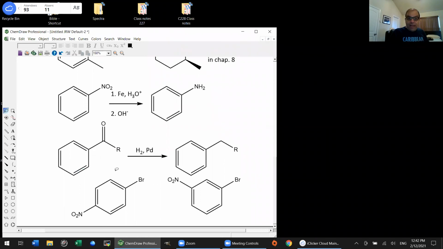And then another thing that might come in handy, we already know that you can get ketones of this type using a Friedel-Crafts acylation. And sometimes you'll find you want to reduce that ketone carbonyl all the way down to a CH2. And there's multiple ways to do that as well.